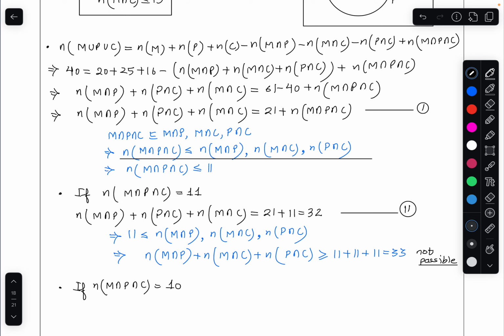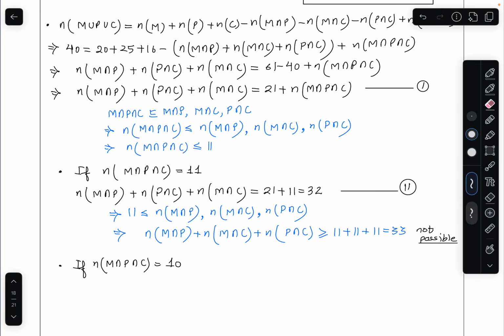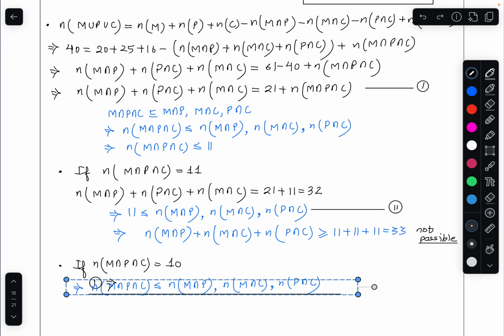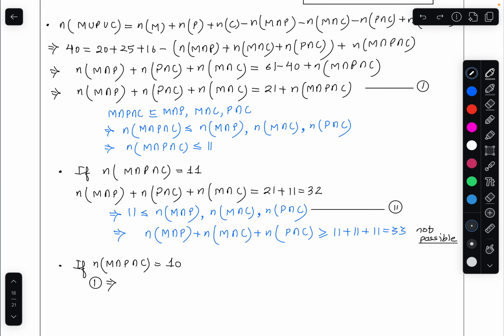If I take 10, going back to relation 1, the sum of M intersection P, M intersection C, P intersection C would be equal to 21 plus 10, which is 31.